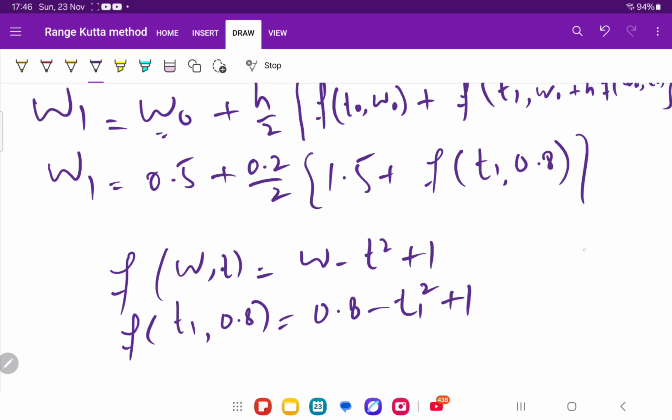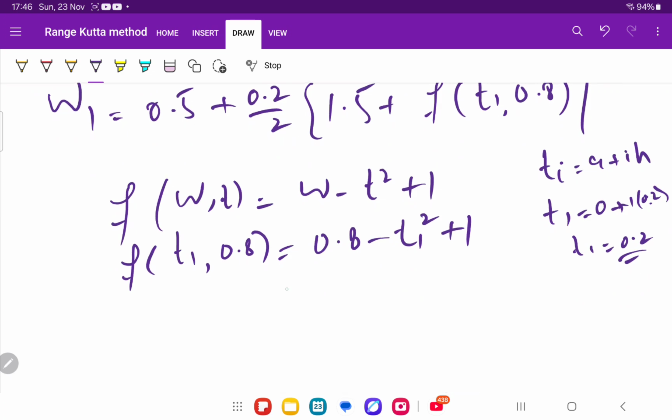What is t1? t1 is the next point after 0, with a gap of h, 0.2. ti is equal to a plus i times h. That is the formula for calculating the next point. So t1 is equal to a, which is 0, plus 1 multiplied by 0.2, so t1 is 0.2.